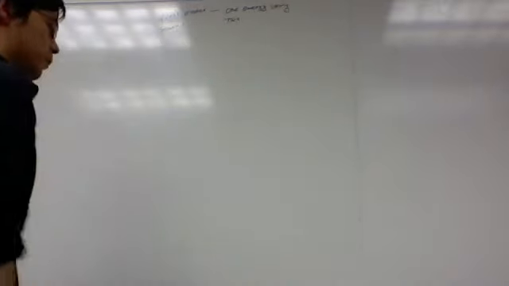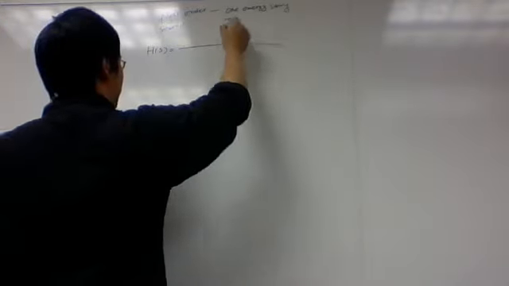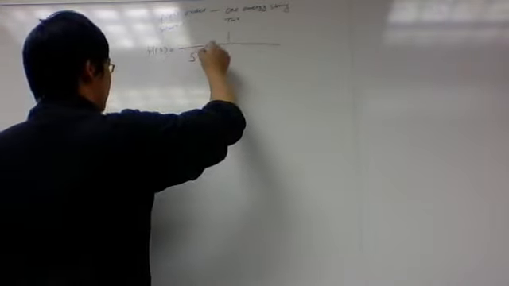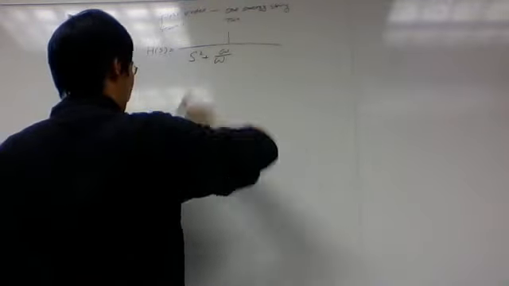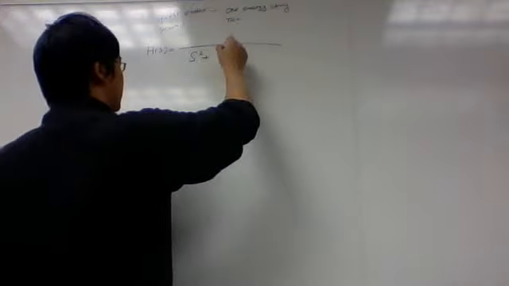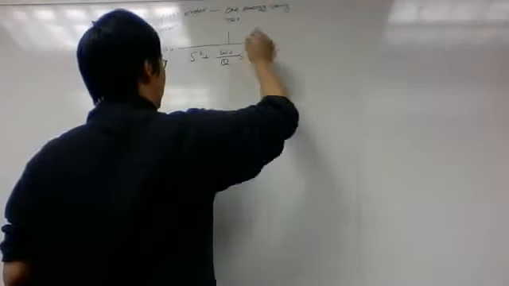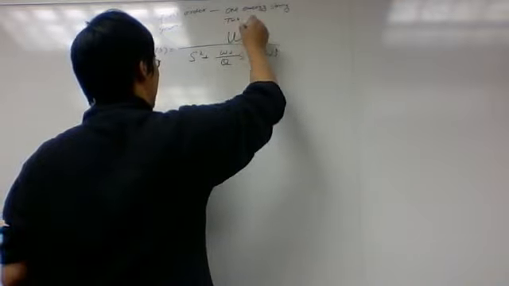Let's look at a transfer function H of s, which will be omega 0 squared divided by (s squared plus omega 0 over Q times s plus omega 0 squared).